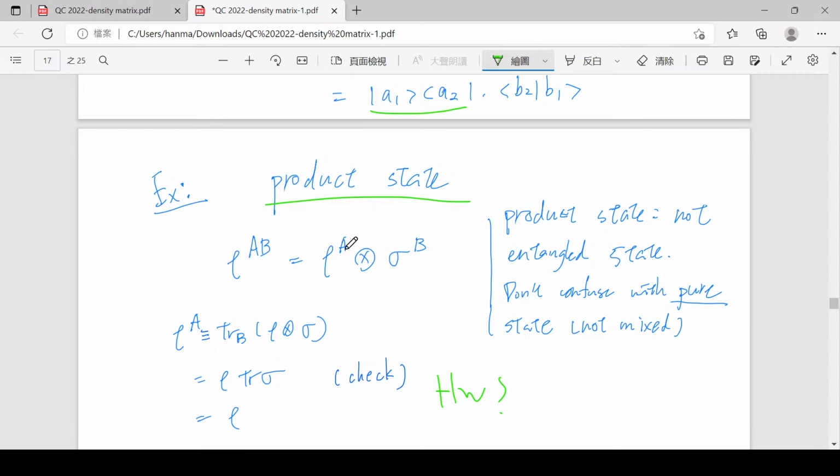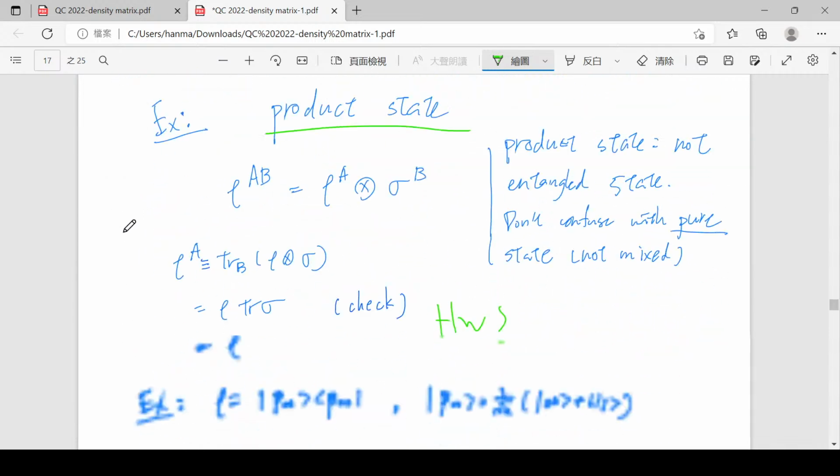If a density matrix can be written as one density matrix tensor product with another density matrix, then it's a product state, and it means it's not an entangled state. And it's a little confusing, but product state and pure state are different things. Pure state means a state that's not mixed.